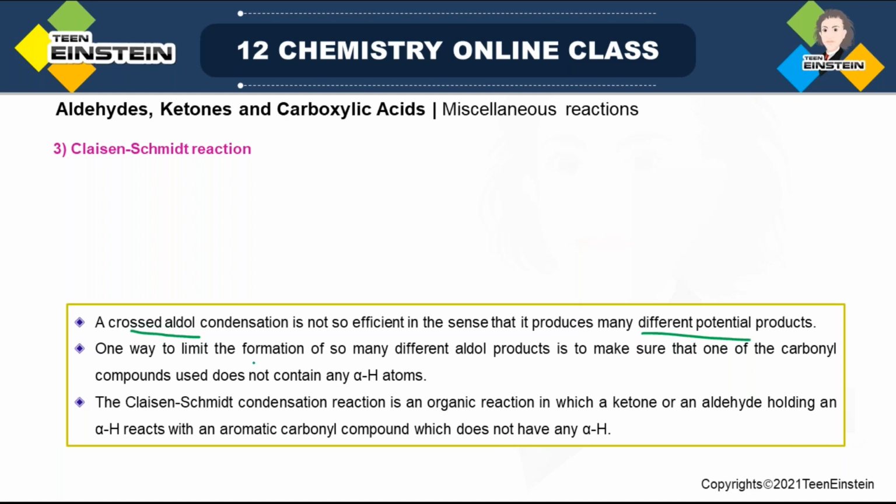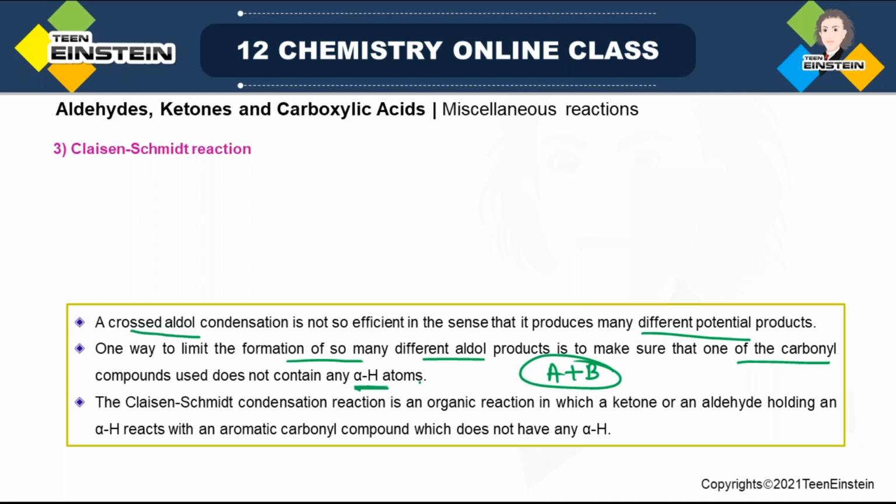Now, one way to limit the formation of so many different aldol products, one solution we can find out, is actually this reaction. What we can do is to make sure that in one of the carbonyl compounds used, suppose you are using A plus B, both are carbonyl compounds, one of these carbonyl compounds should not have any alpha hydrogen.